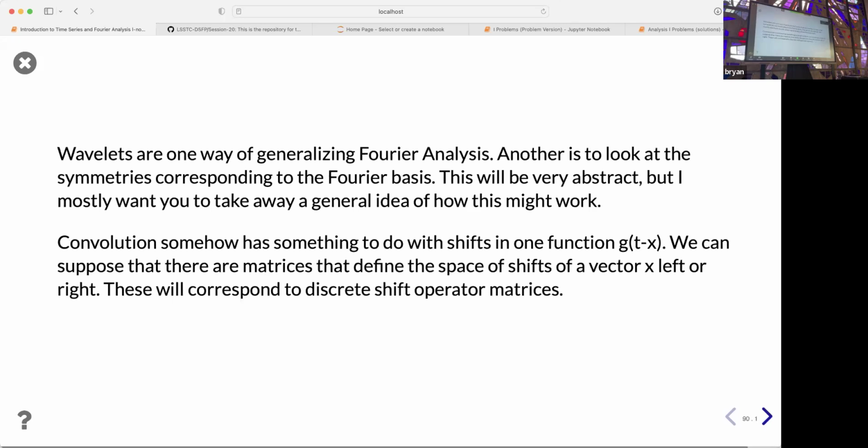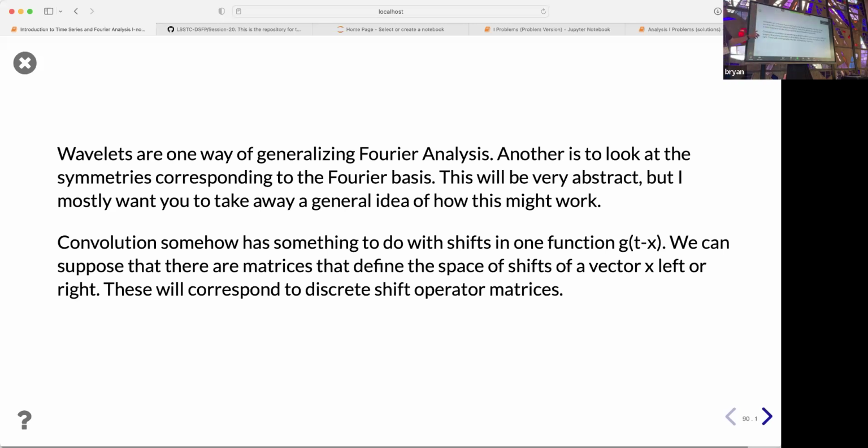Okay. So wavelets are one way of generalizing Fourier analysis to get you some information about orientation and define a family of basis functions. But I want to give you another insight into thinking of convolution and Fourier transforms as encoding symmetries in problems.